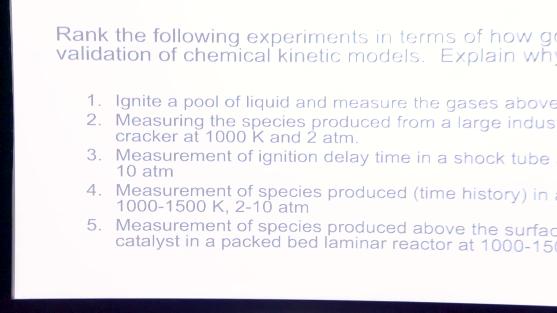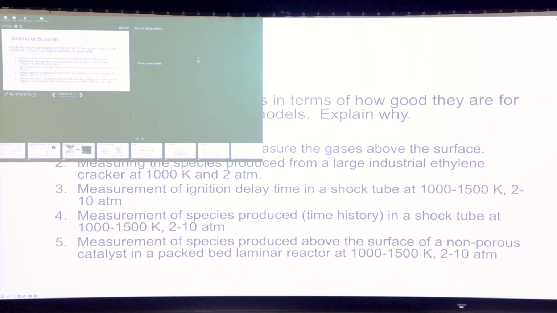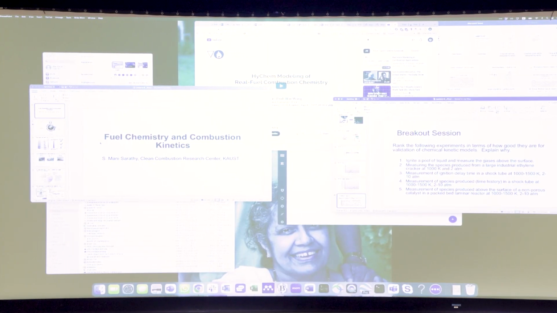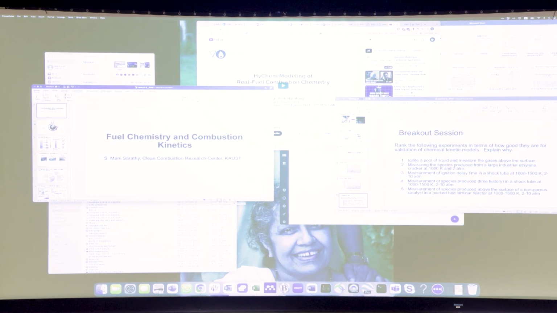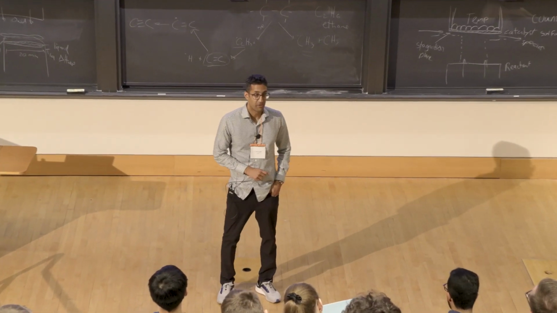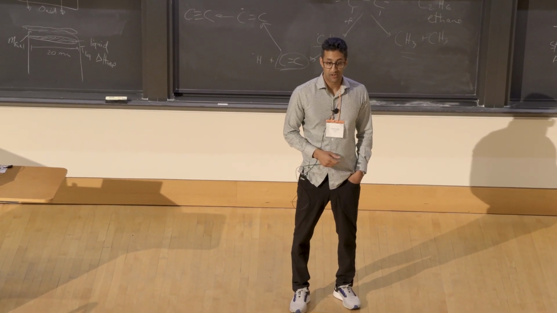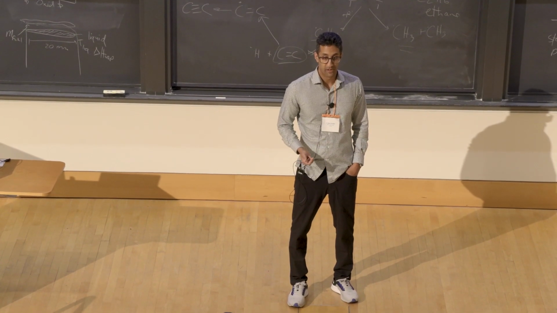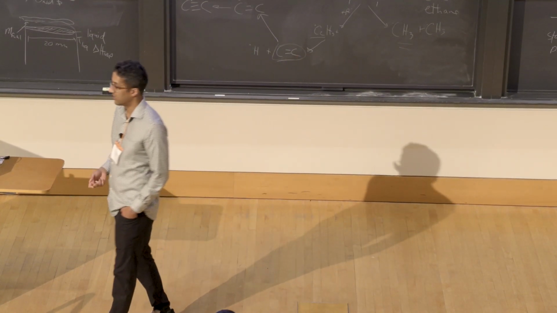I'm going to start going into the last lecture now, which is about application of kinetics to understand real fuels. So all this time, we've been talking about the history of chemical kinetics, how people started developing the first kinetic models 100 years ago or so, then how we started developing models with the advent of computers for simple molecules like hydrocarbons and hydrogen and oxygen.